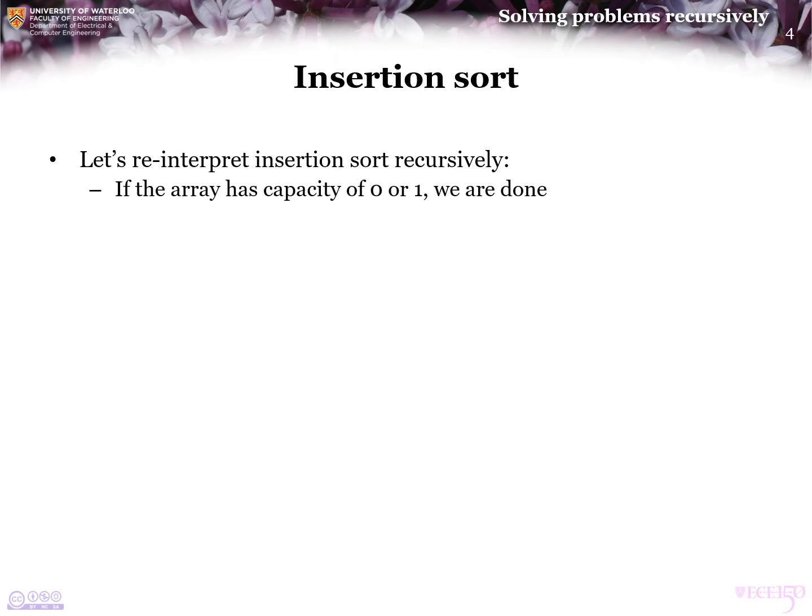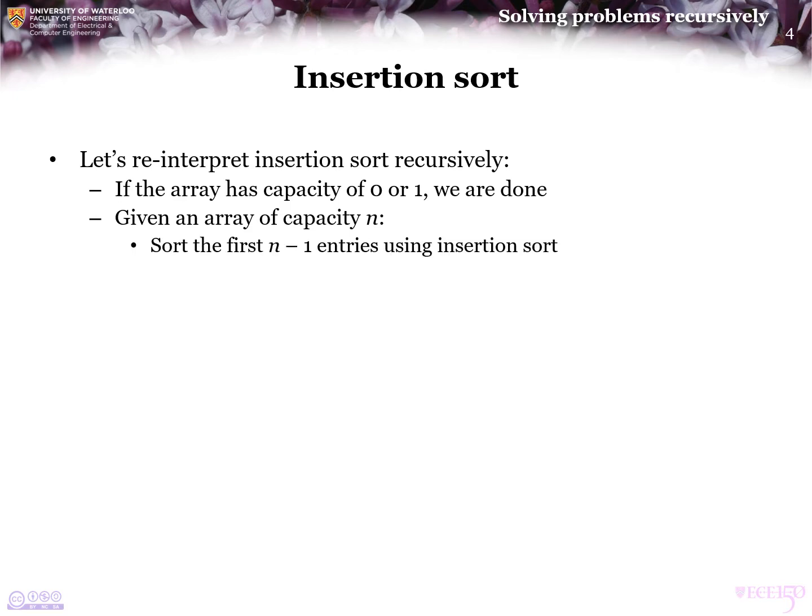So, if the array has capacity 0 or 1, as before, we are done. Otherwise, given an array of capacity n greater than 1, you'll remember that with insertion sort we have to insert into a sorted array.